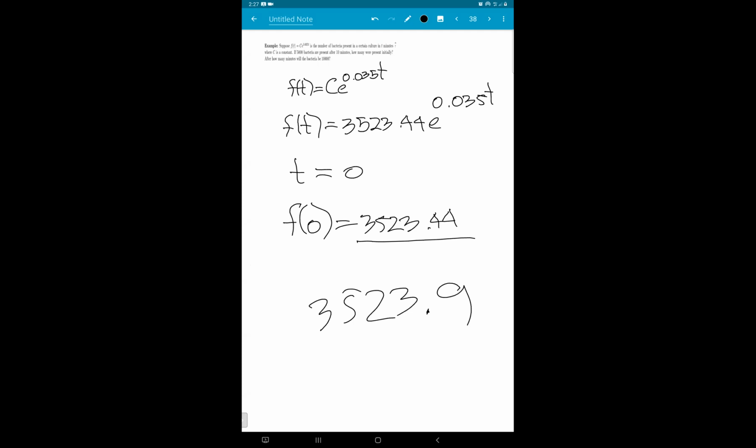I mean, there's no such thing like half a bacteria or 9/10 of a bacteria, right? So let's say that's still in the process of what they call this, what do you call that process wherein bacteria multiplies? Is there a term for that? Kasi kapag sa cell division, di ba? Anong tawag doon? Anyway, so your answer should be 3,523.